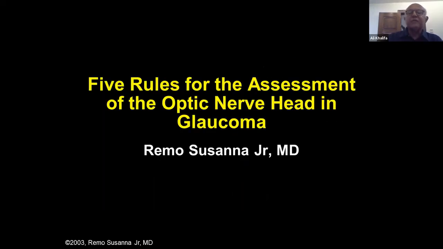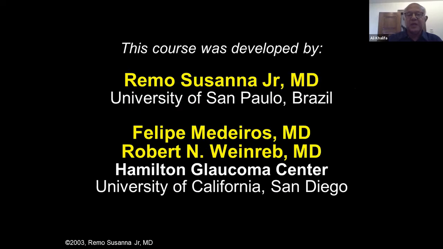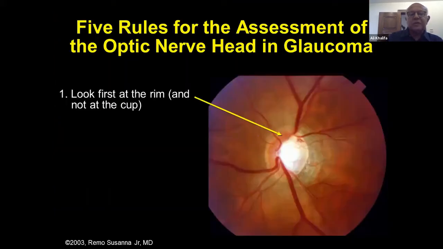Therefore, there are 5 rules for the assessment of the optic nerve head in glaucoma, as Remo Susana put it. This course was developed by Remo Susana in Brazil, Philip Medeiros, and Robert Weinreb. This is Professor Susana with me in Brazil. The 5 rules: first, look at the rim and not at the cup.